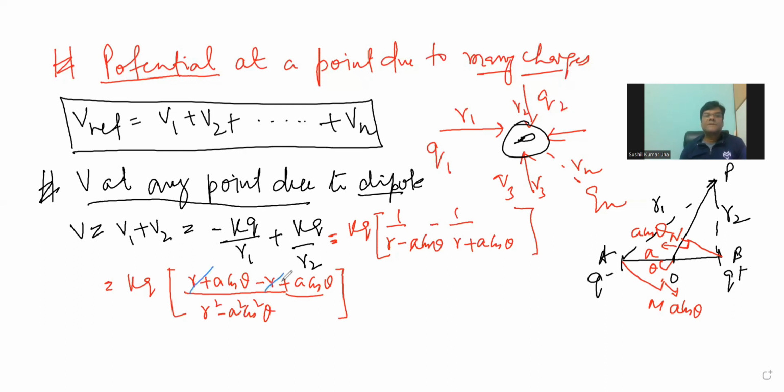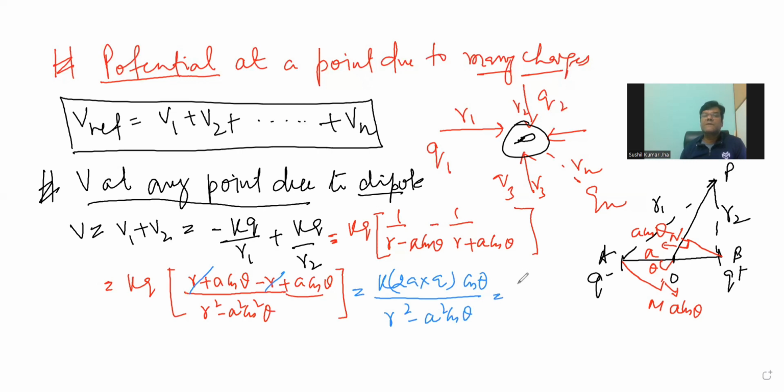R cancels, the 2A cos theta, so K into Q into 2A will give us the dipole moment, and cos theta as it is, divided by R square minus A square cos square theta.